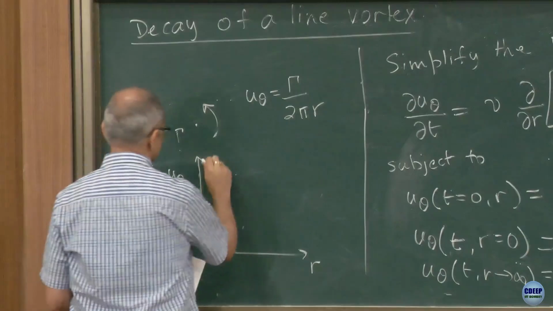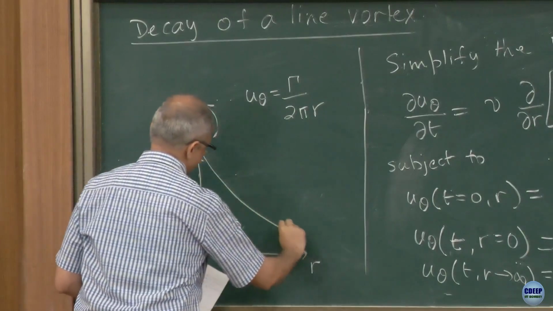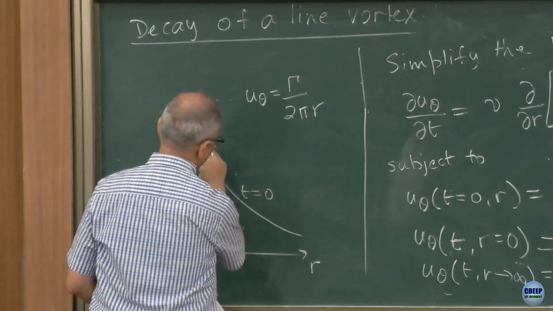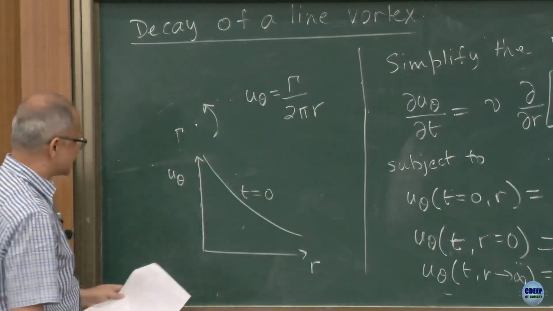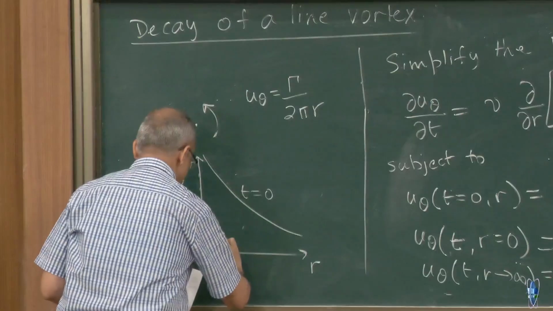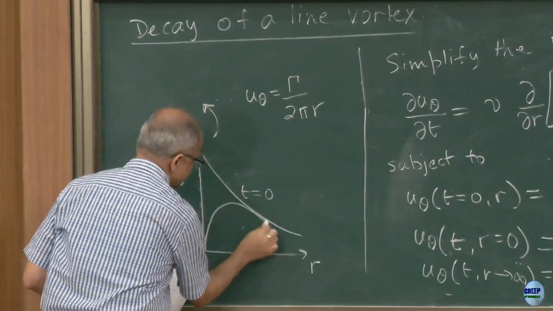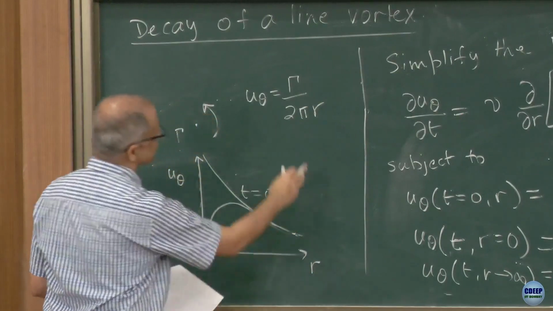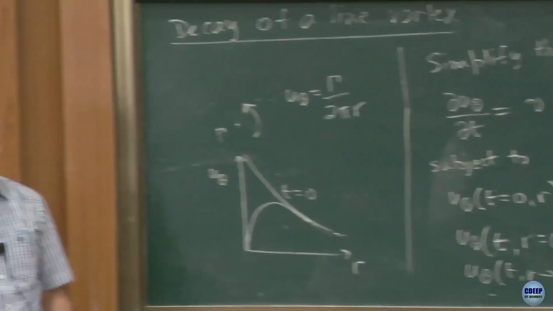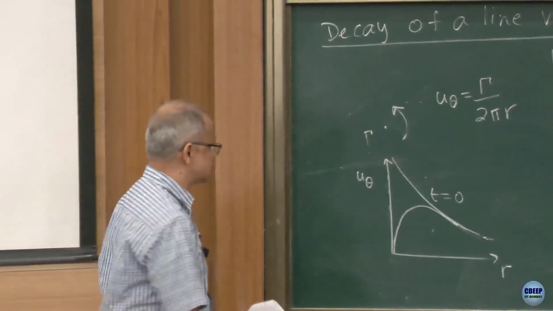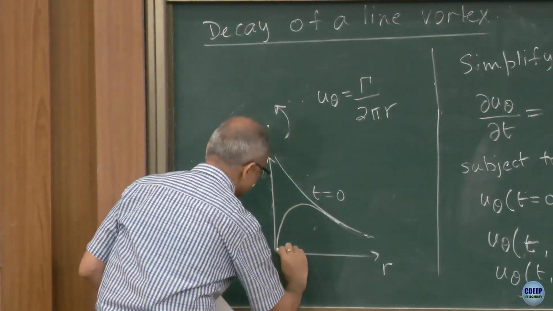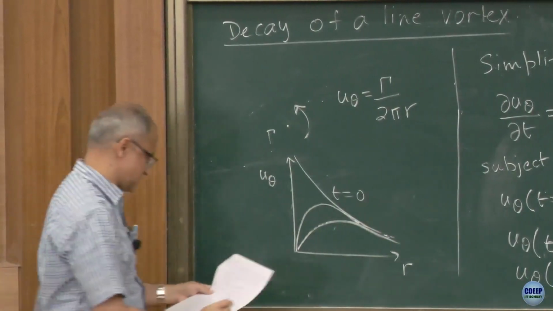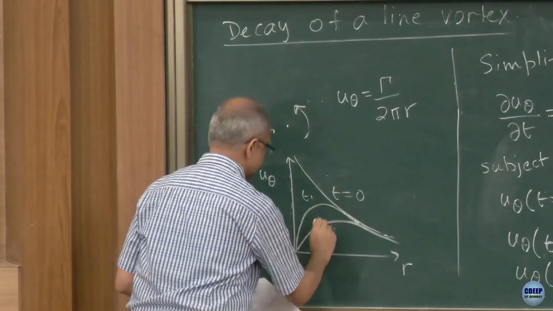At time t equal to 0, this is what we had. And after some time, you will have a behavior like this. Very far away, as we have seen, it is still gamma by 2 pi r, so it will satisfy this condition, and later on, the velocity will keep on decaying. This is at time t1, this is at time t2.